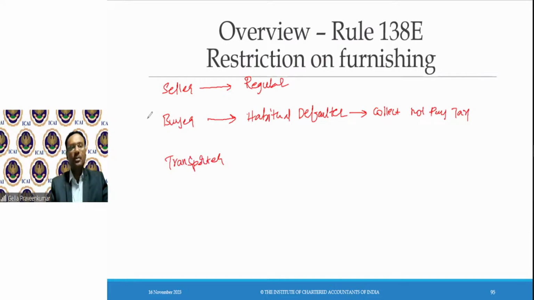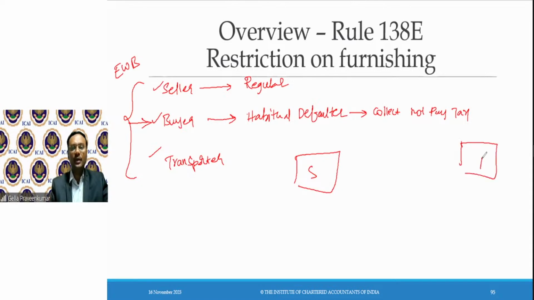So here, the government wants to teach a lesson to this buyer. In general, the seller, buyer, or transporter, any of these three parties can prepare an e-way bill. So here, the GST law says that when the goods are moving from the seller's location to the buyer's location, where it is a B2B transaction, the GSTIN of the buyer is there, the GSTIN of the seller is there.